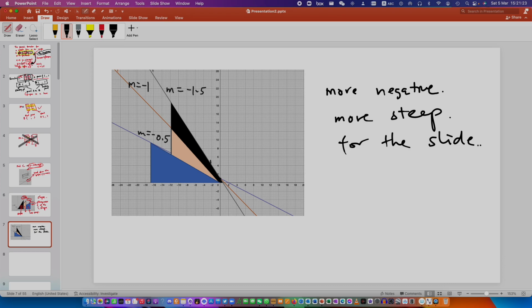No. Can you use something else? You can use y2 minus y1 over x2 minus x1. So as long as you can find two points, I call it the start and the end, you can use the end minus the start. Okay, good. Next.